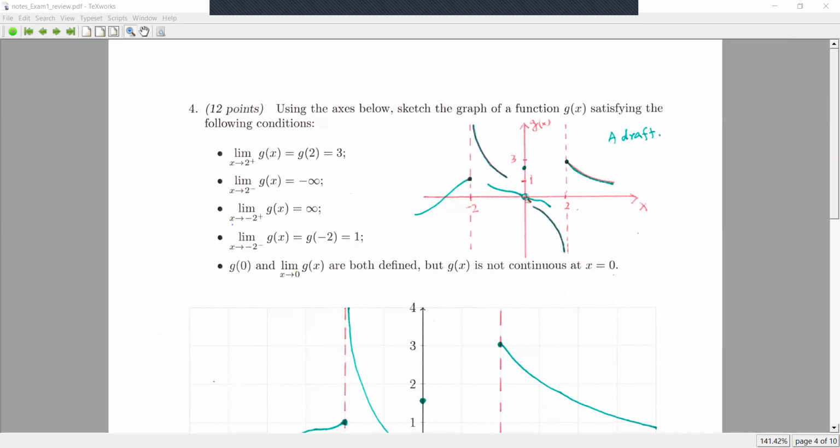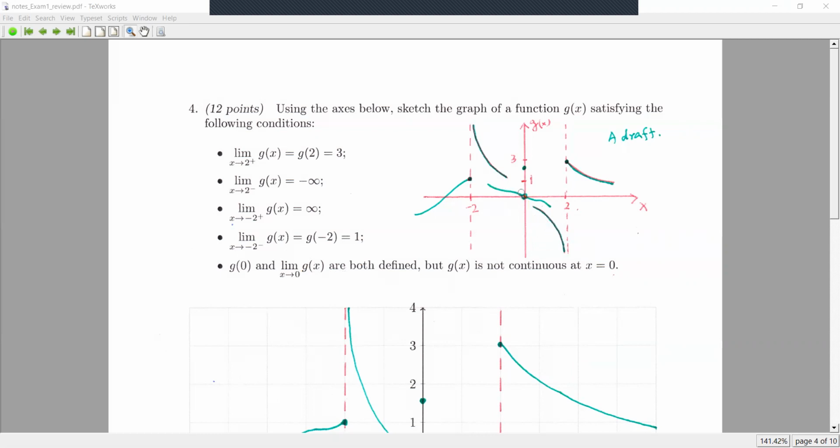At x is 0, I arbitrarily place a solid point to represent the function value at x is 0. This both-sided limit exists, but the value of the limit is not specified. Let me assume that as x approaches 0, function approaches 0.